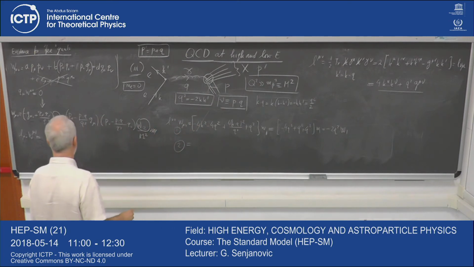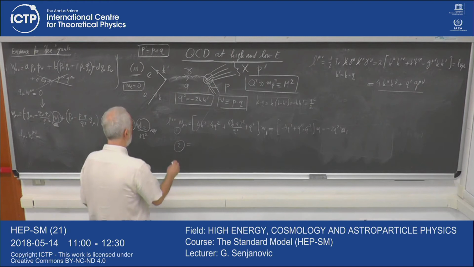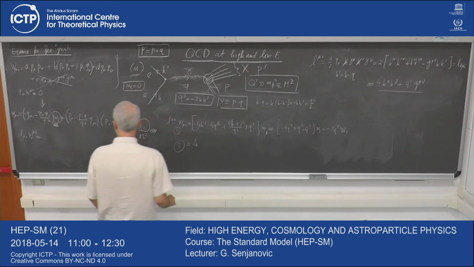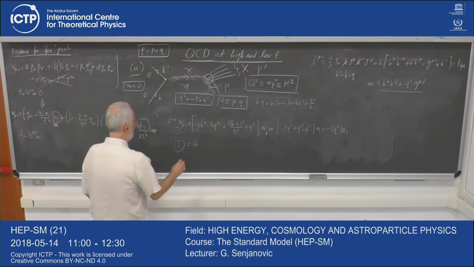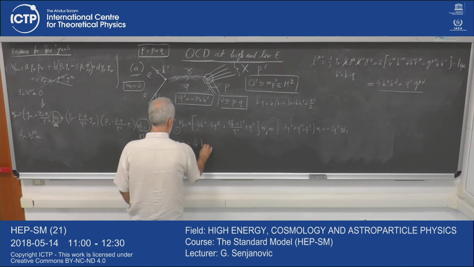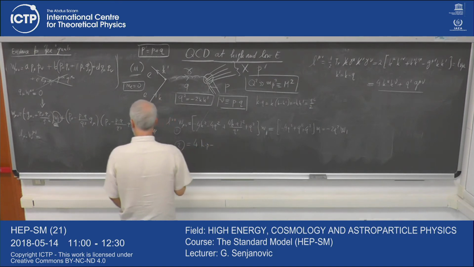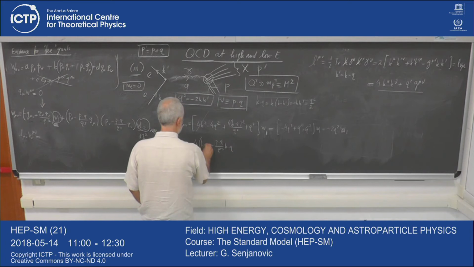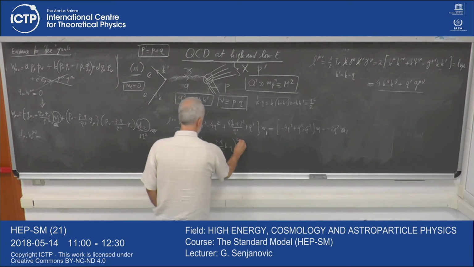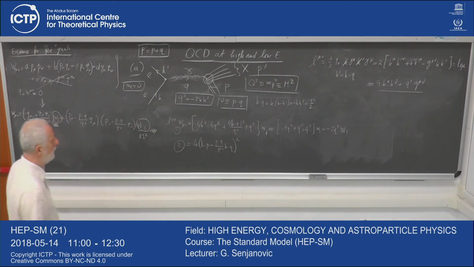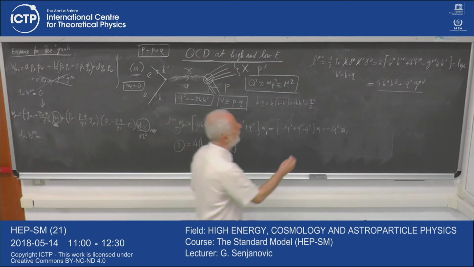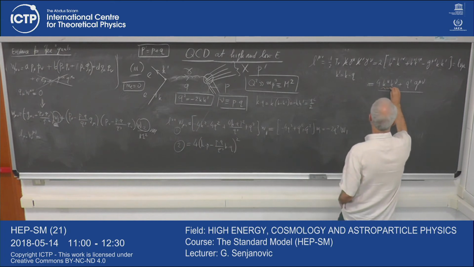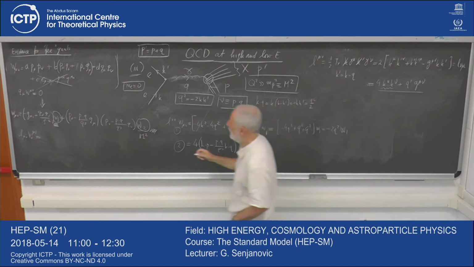So that gives me 4 k dot p minus p times q over q squared k times q squared. Am I right? I'm taking this piece times this.